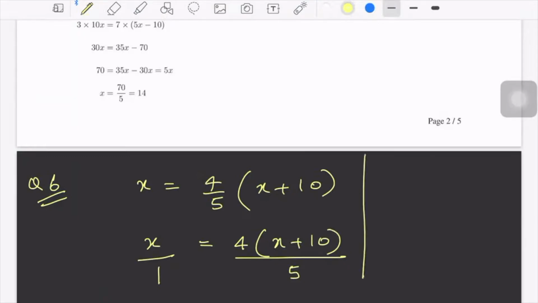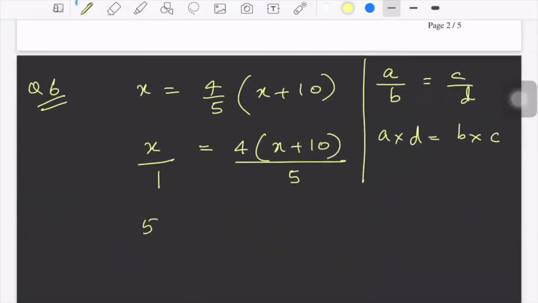So when you have something of the form a by b equal to c by d, what do you do? You just cross multiply. We have a into d is equal to b into c. That is the idea. So 5x is equal to 4x plus 40. Cool. So 5x minus 4x, x is equal to 40.